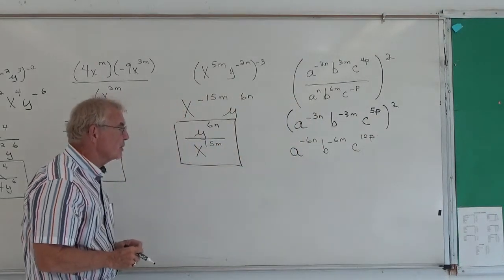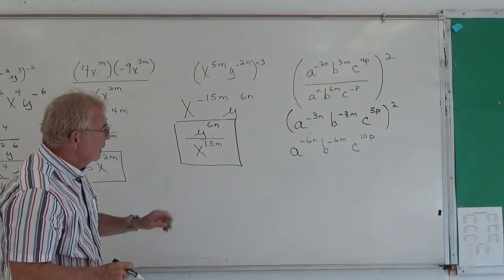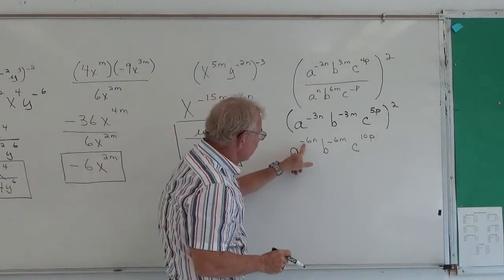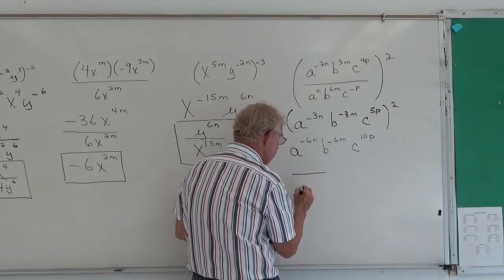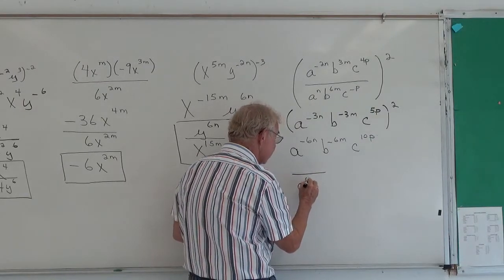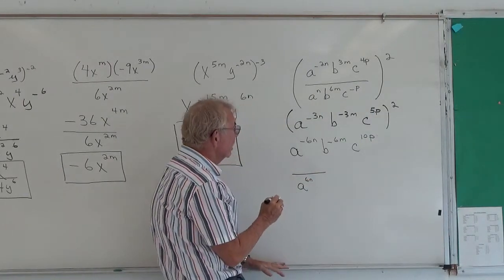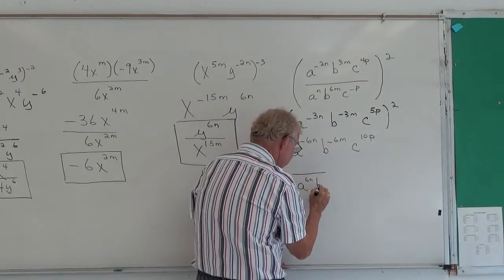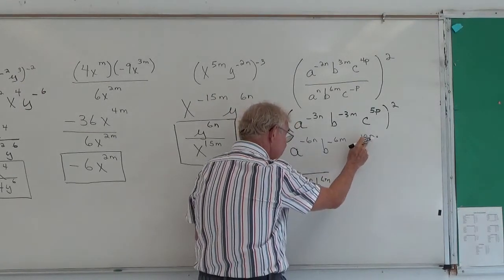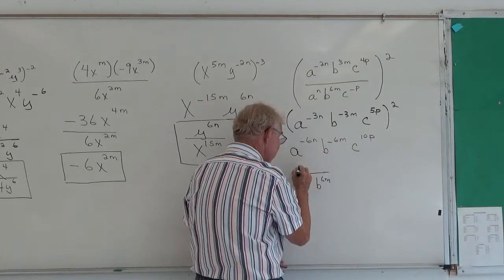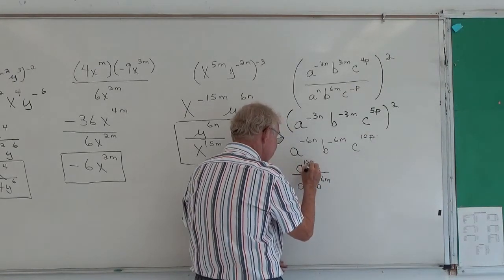And our last rule is the negative exponent rule. How do we get rid of a negative exponent? We take it down to the bottom. So this a, and we change the exponent to 6n. Likewise to b, 6m. And this is fine where it is because it's positive, c to 10p.